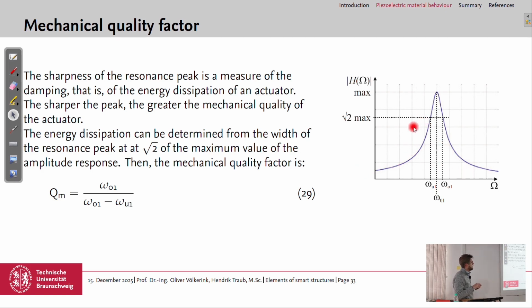And we can then, if we go to the resonance peak here and have values of minus and plus square root 2 of the left and right from the resonance frequency, we can have these frequencies omega O1 and omega U1.